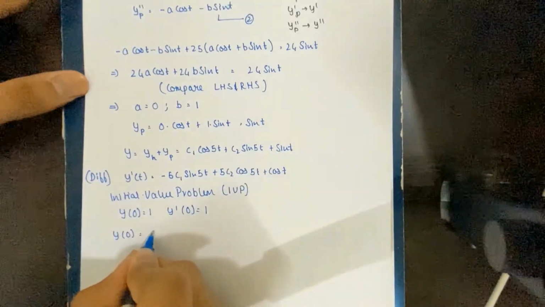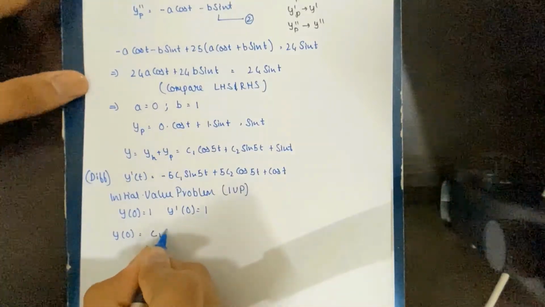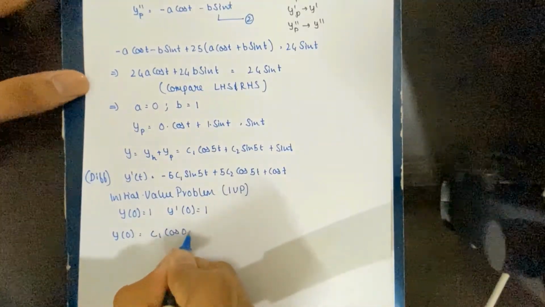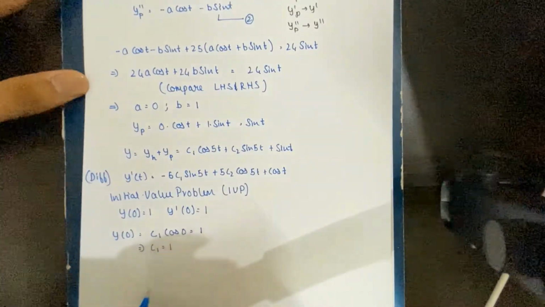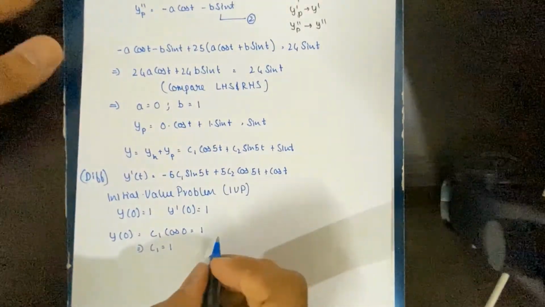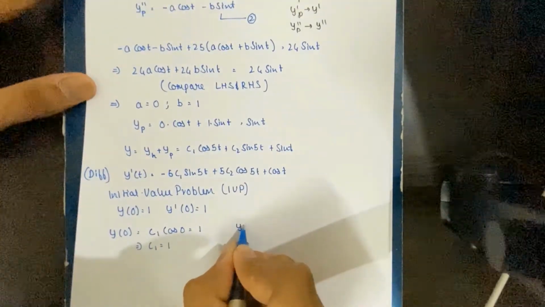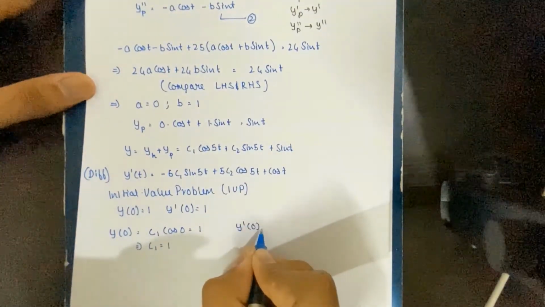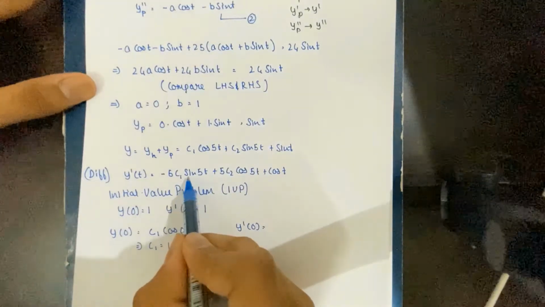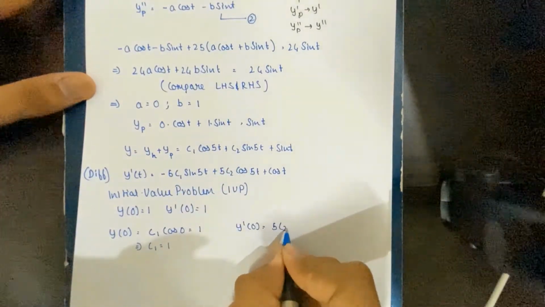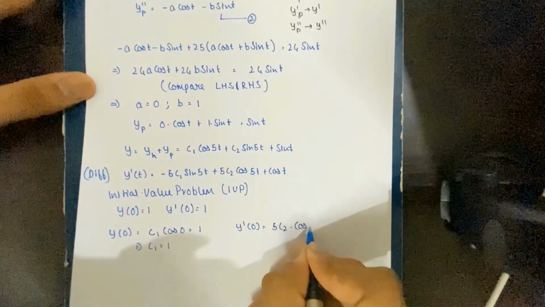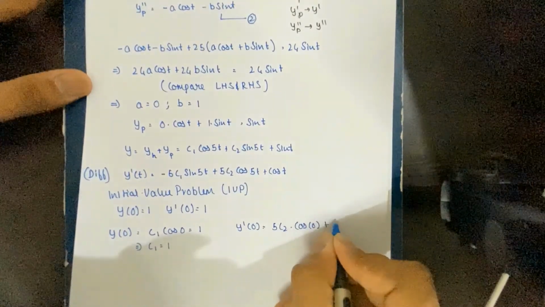So we have c1 cos 0 equals 1, c1 equals 1. For y'(0), sine 5t becomes 0 directly, so we have 5c2 cos 0 plus cos 0.